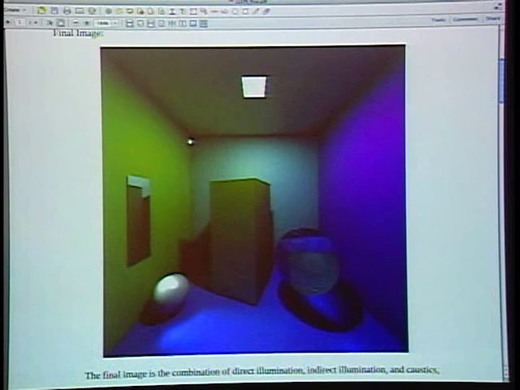So basically, it's a combination of three things: direct illumination, and then indirect illumination, and indirect illumination is the photon map, and then caustic maps.